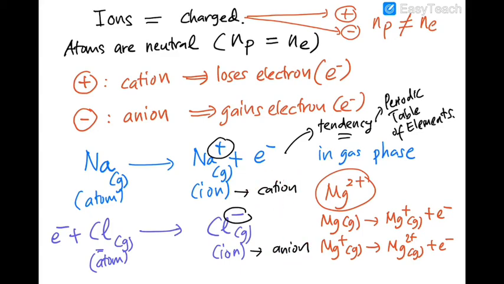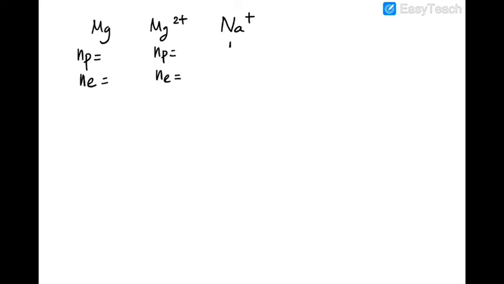Now you can also determine, for instance, you have magnesium and magnesium 2 plus, and then you compare to Na plus. You can determine the number of protons and number of electrons for each, because this is not going to be the same.